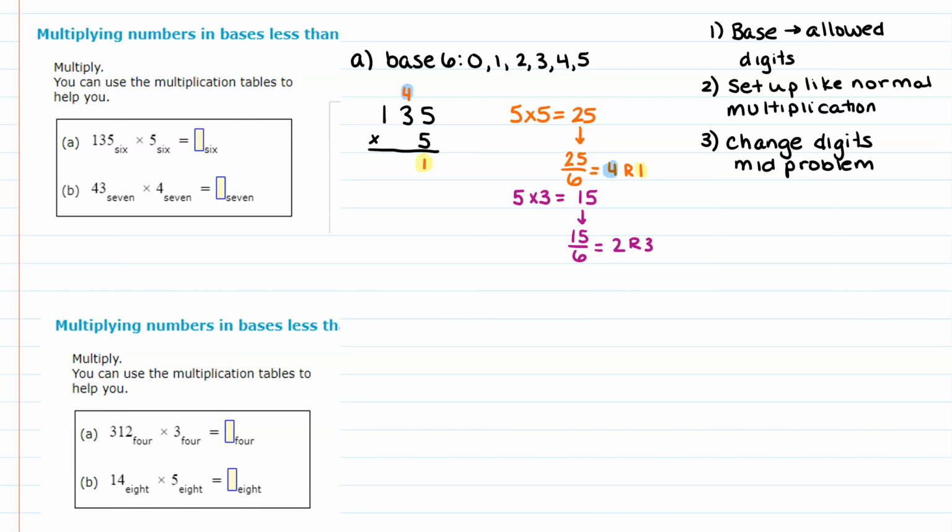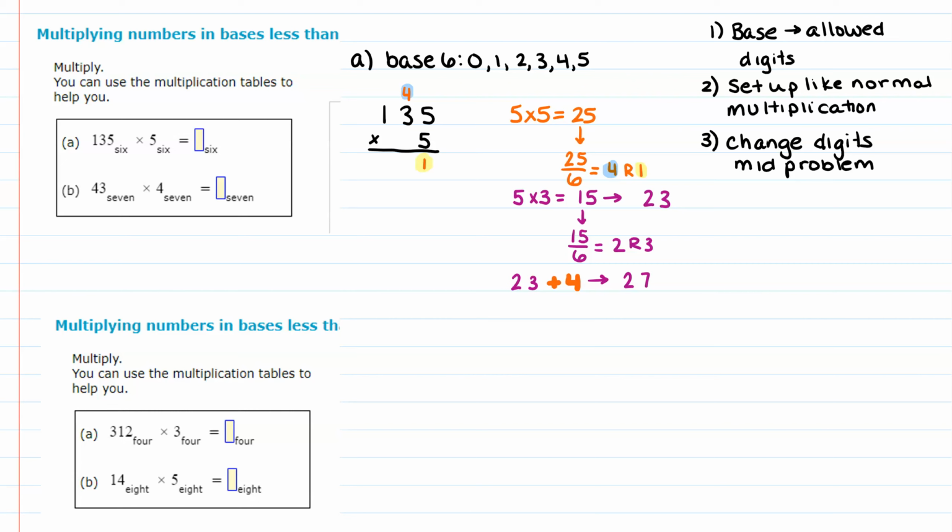So I have 2 remainder 3, which is 2, 3. But then after I have this 2, 3, I need to add the 4. So that is 2, 7.